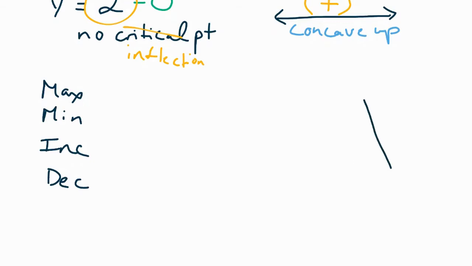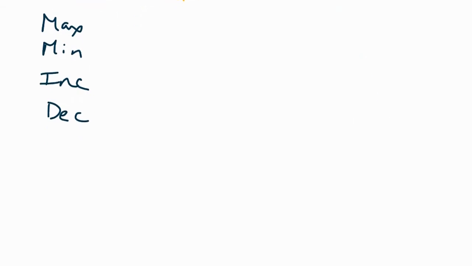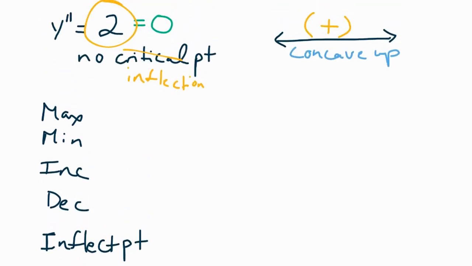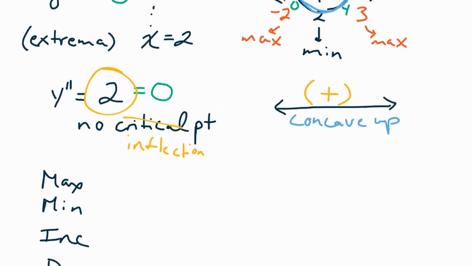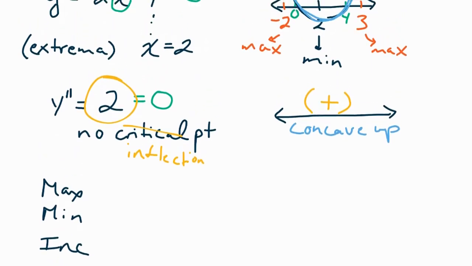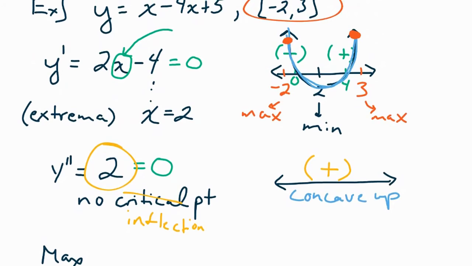So we've got our max and min, we've got our increasing and decreasing, we've got our inflection point, and we also have our concavity. Okay, so most of this has already been determined from our number line, but let us make it complete. Again, the endpoints are going to each be maximums, and that's simply because of the behavior of the slope after this first endpoint.